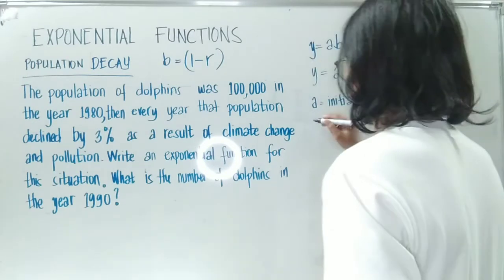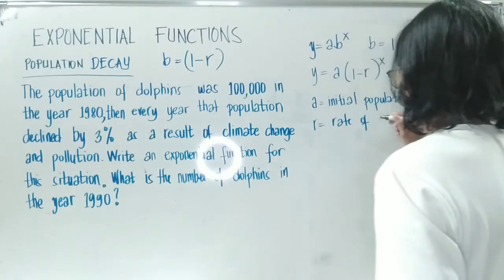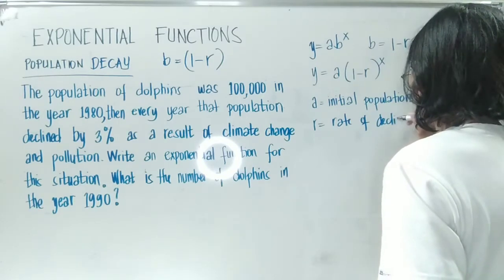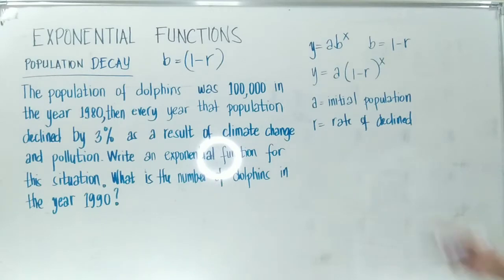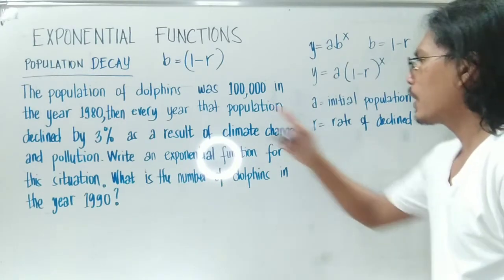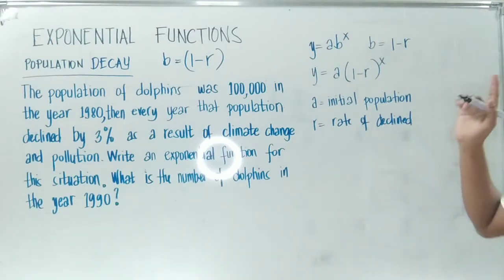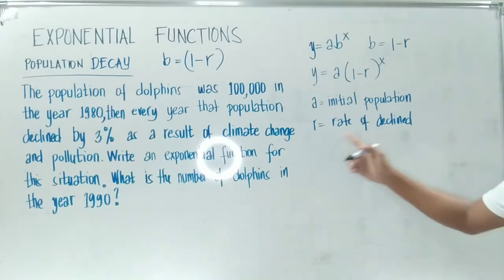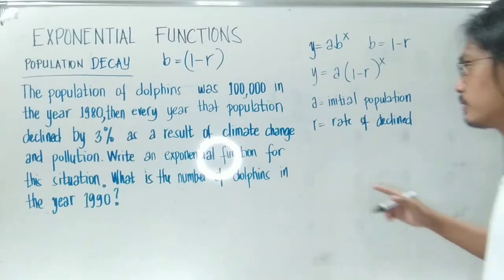Then r is the rate of decline or decrease. In this situation, the rate of decline is 3% because we are on population decay. On population growth, of course, it is the rate of increase or the rate of growth.